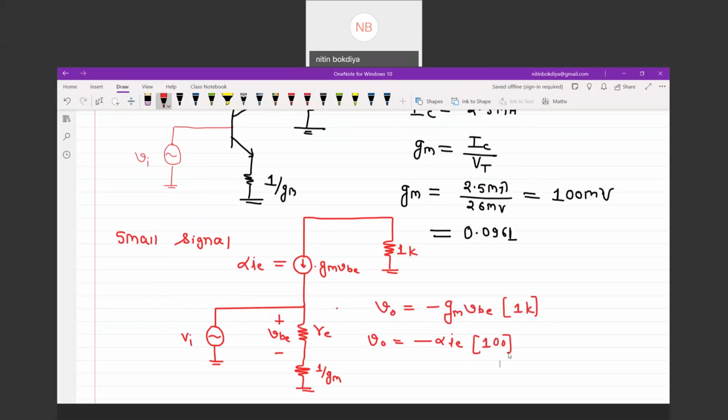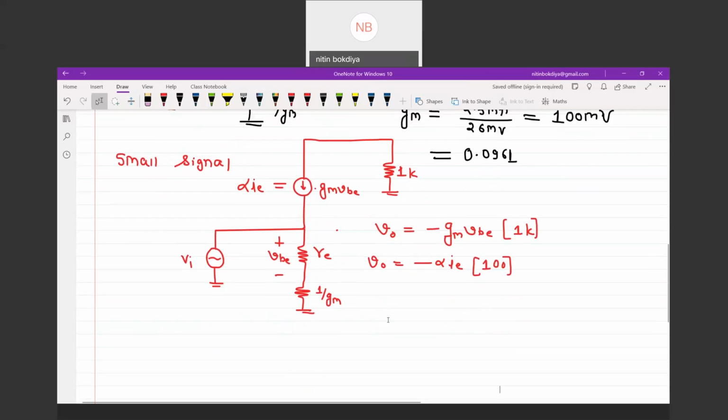Now, the beta of the transistor is given as very large, so you can take beta approaching infinity. So beta divided by 1 plus beta is equivalent to alpha, and when beta approaches infinity, beta and 1 plus beta are the same thing, so the answer will be 1. So V out is equivalent to IE, and what is IE?